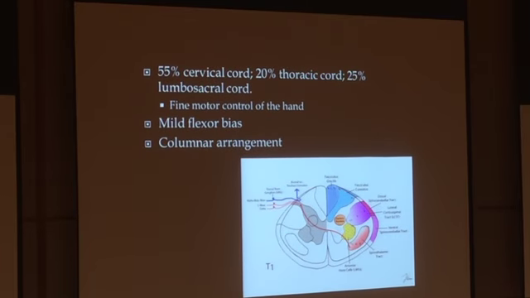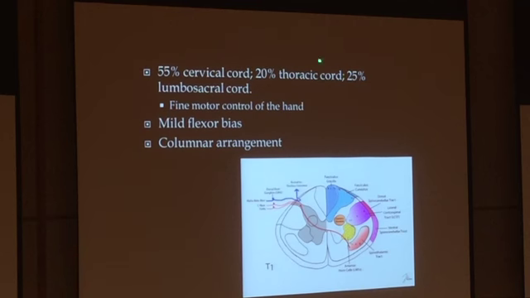Okay, now it turns out that the corticospinal tract is much more invested in the cervical cord than it is in lower levels. So about 55% of the determination is in the cervical cord. So really the corticospinal tract, its predominant function is of the upper extremity.